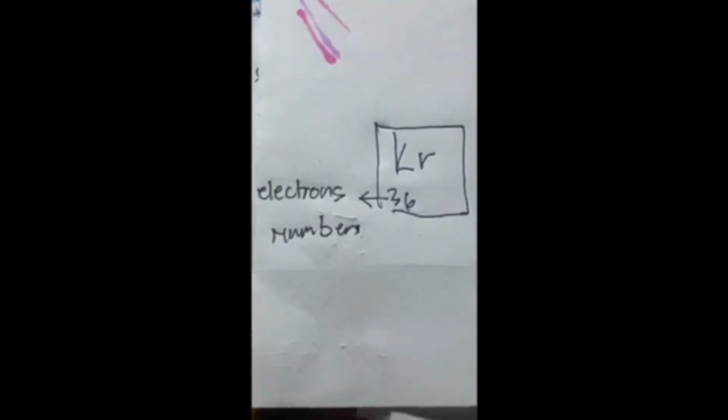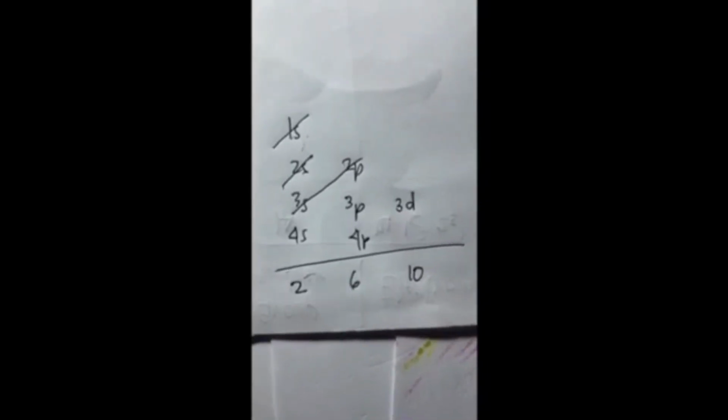First, we need to focus on the number of electrons. 1s, 2s, and 3s hold 2 electrons. 2p, 3p, and 4p hold up to 6 electrons, and 3d holds up to 10 electrons.